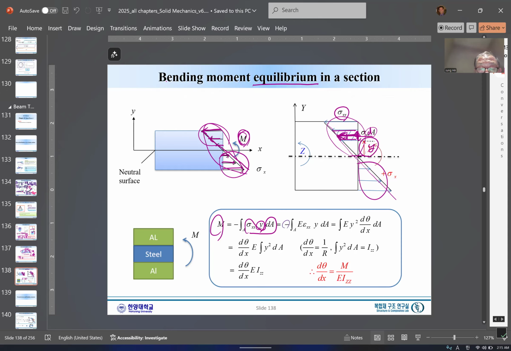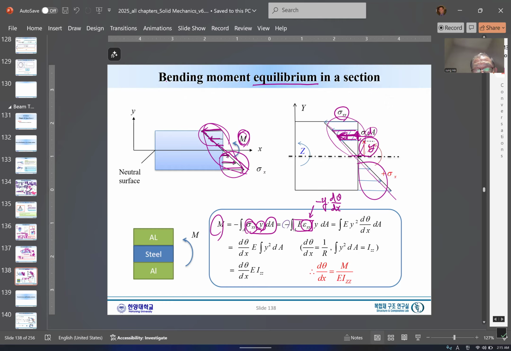Okay, next step is very straightforward. Sigma x is simply like this, and then epsilon x, we have to understand that we already know d theta over dx. Okay, so now here, very important.